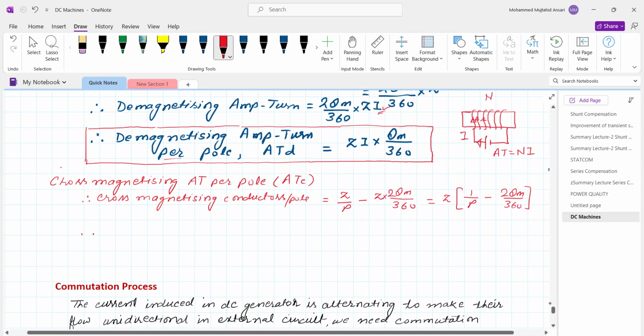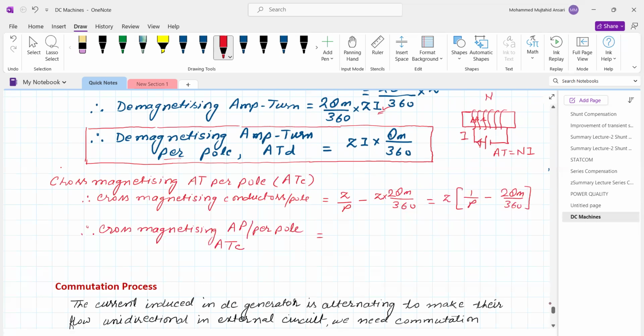Therefore, the cross magnetizing ampere turns per pole, that is ATC, the ampere turns for the cross magnetizing, just multiply by the current, and per pole, so there are two poles, so divided by 2.